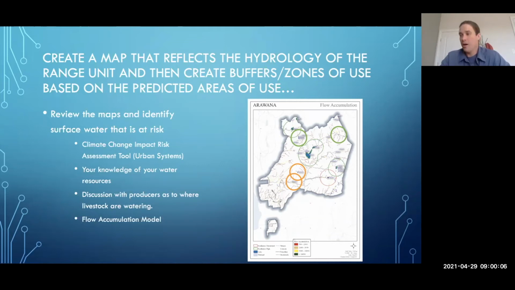And so I'll pass it over to Darren to discuss how the flow accumulation model is put together, and then I'll come back and summarize how we're using it in terms of range management and helping identify the ponds and potential water locations.